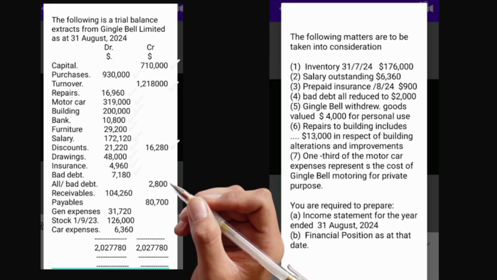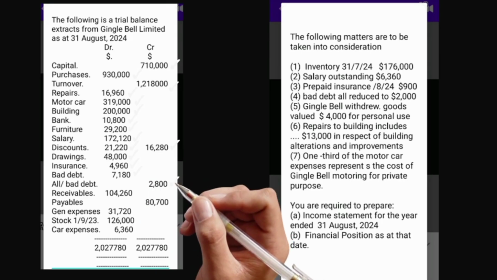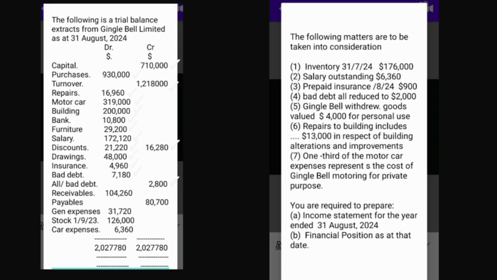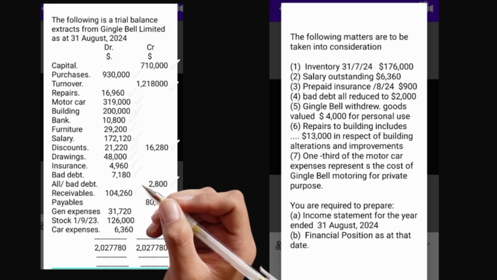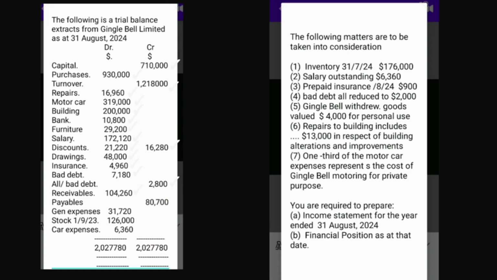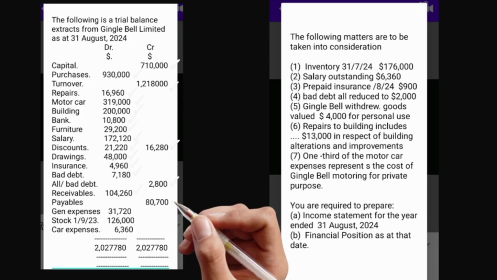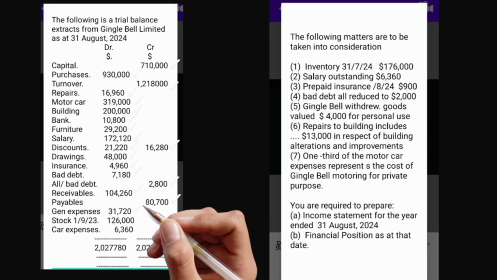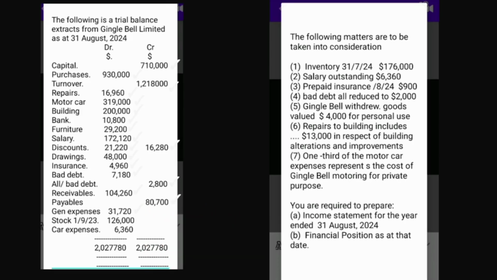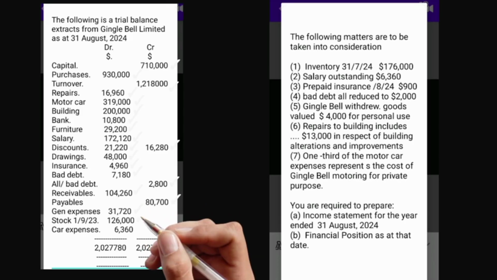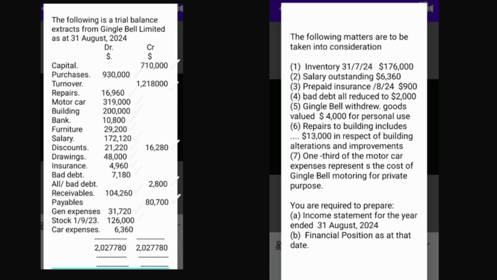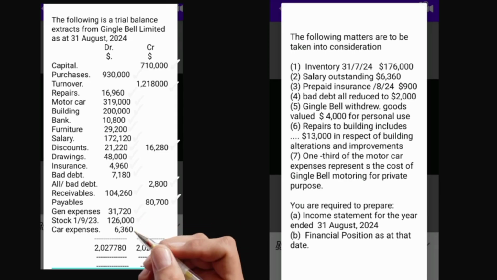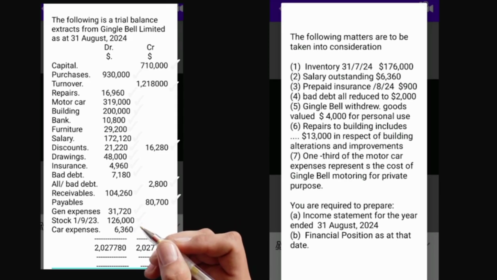Drawings 48,000. Insurance 4,960. Bad debt 7,180. Allowance for bad debt 2,800. Receivable is 104,260. Payable is 80,700.